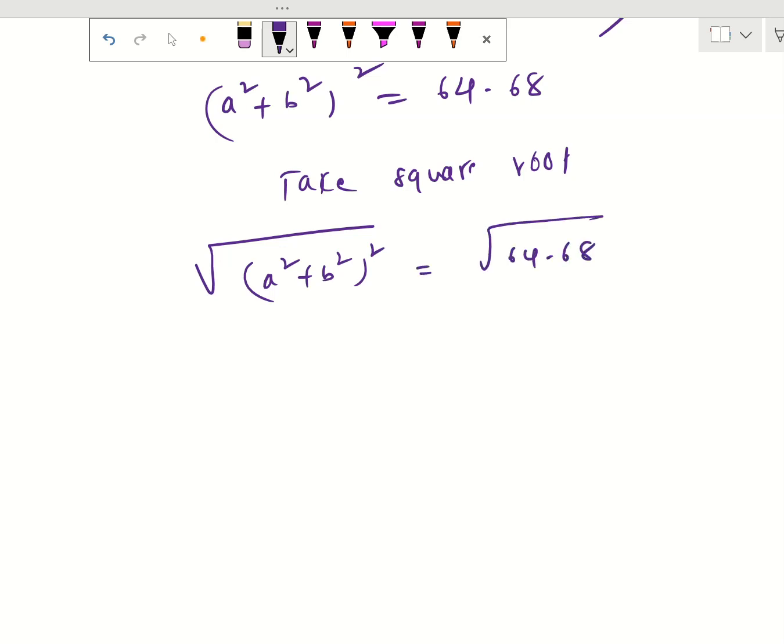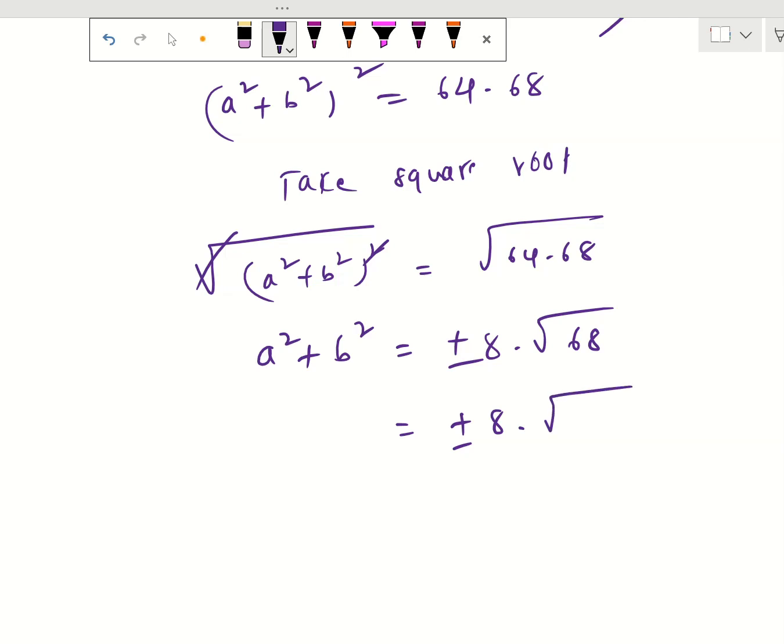So here the square root gets cancelled by the square, and it remains as a square plus b square. Here, square root of 64 we know we can write as plus or minus 8 into square root of 68, right? So this plus or minus 8 square root of 68 we can rewrite as 4 into 17. 4 into 17 is 68.